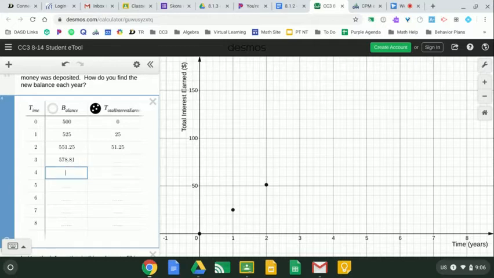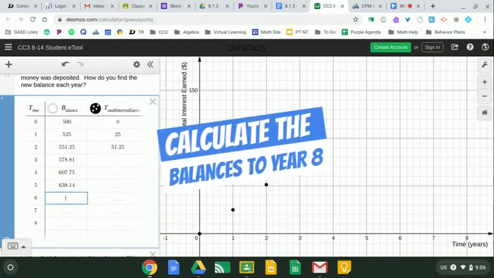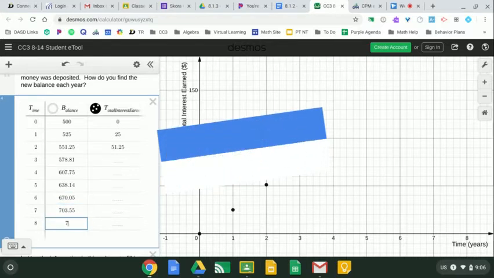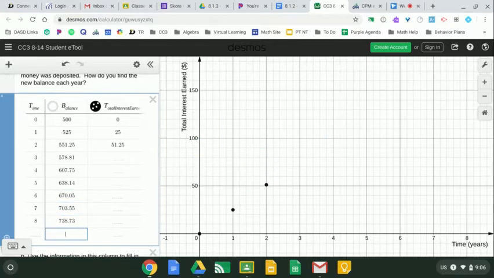Now take that number, 578.81, multiply by, you guessed it, 1.05, and you should get $607.75. I'm going to finish out years 5, 6, 7, and 8. You go ahead and do the same, and let's see if we get the same number for year 8. Alright, so I have my value for year 8. My balance is $738.73. Hopefully you have the same number.